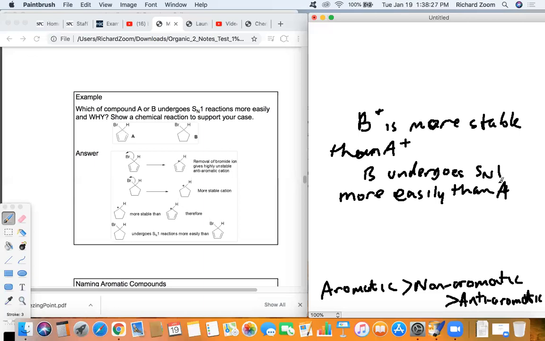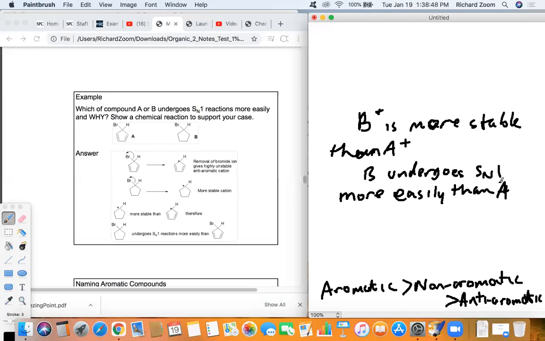I might have missed it, but if A is anti-aromatic, then what is B? Well, neither A nor B specifically are aromatic or anti-aromatic. It's the cations that we're talking about here, Deanna. Right.